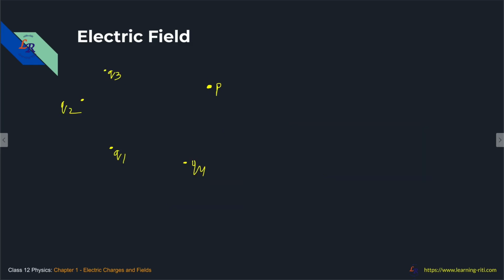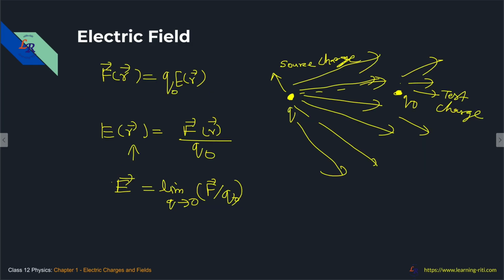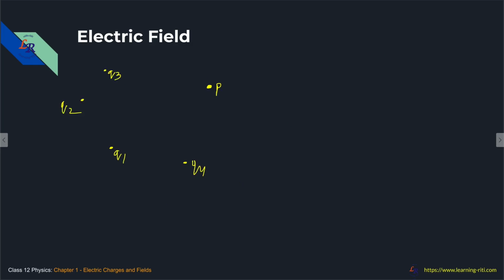Similarly we can utilize that concept, where we already know from our previous discussion that the forces of different charges at a given point, let's say we are bringing a test charge Q0 here, will be experienced as the force Q0 E, and that force will be the vector sum of the individual forces due to all these charges.